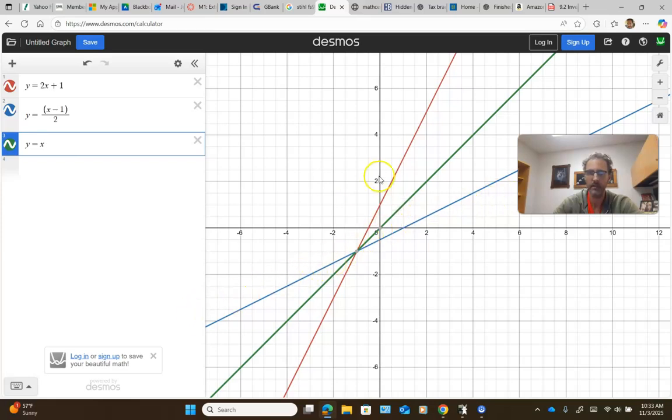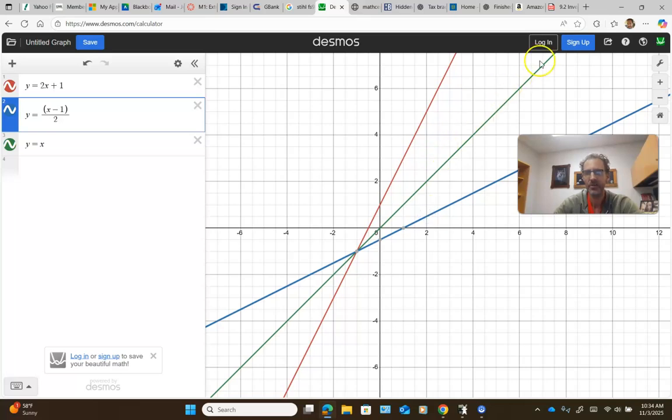So for example, this point right here, 1/2, 2, corresponds to this point down here, 2, 1/2.